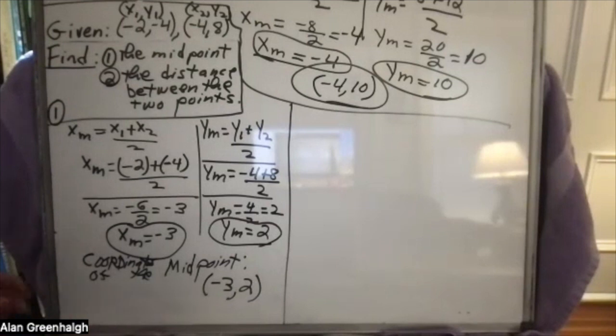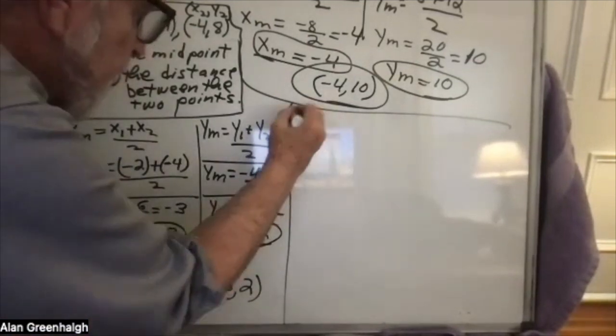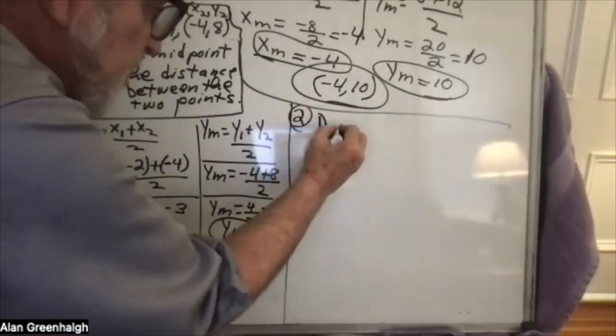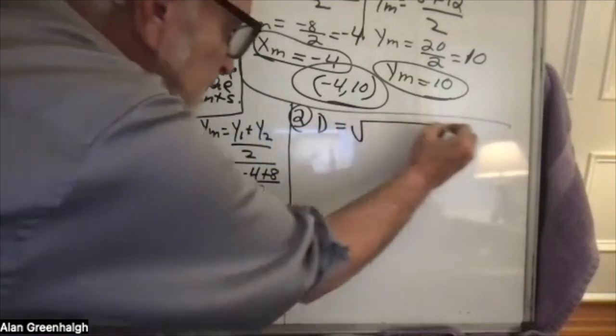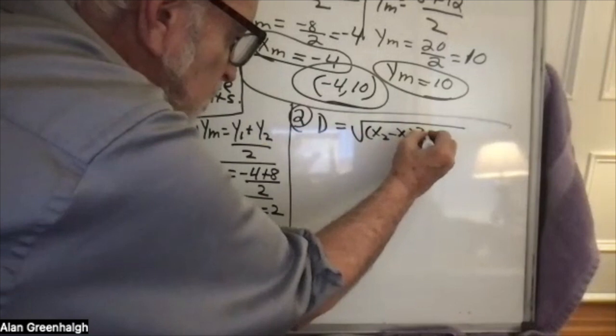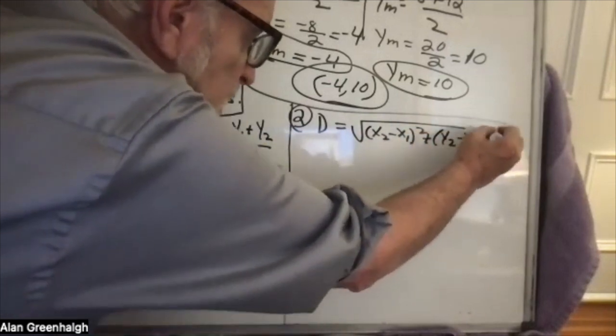All right, well, nobody's saying anything, so I'm moving on to the second part of the question, which is to find the distance. So the distance formula is the square root of x2 minus x1 squared plus y2 minus y1 squared.